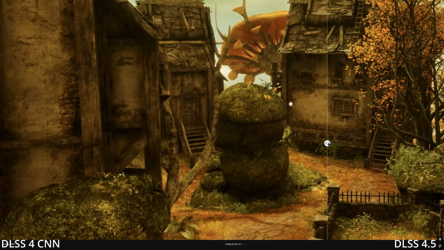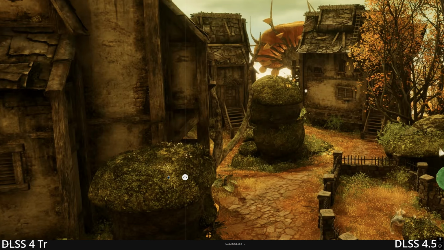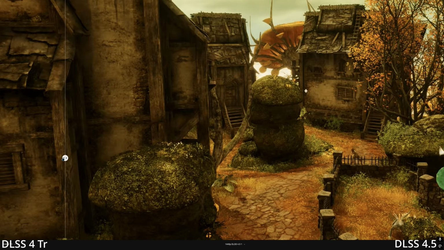Compared to the first gen transformer model, DLSS 4, DLSS 4.5 second gen transformer model improves the sharpness while also retaining more lighting detail at the cost of more flickering and aliasing.